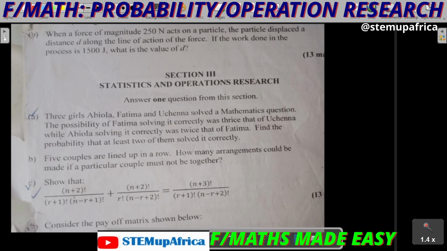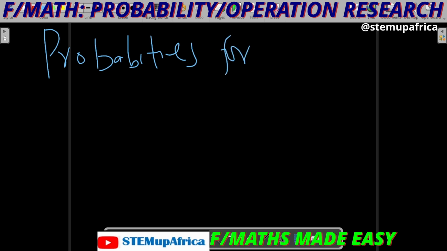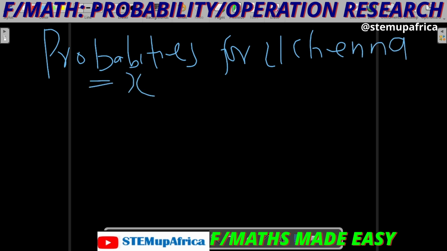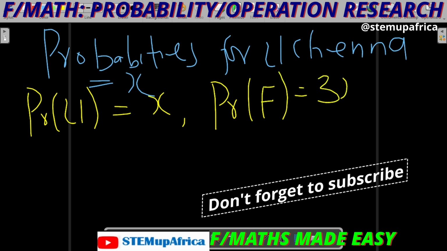So we're going to say probabilities, for Ushena, let's call it X. Probability of Ushena is X. Then prob F, Fatima, is twice Ushena, which is 2X.